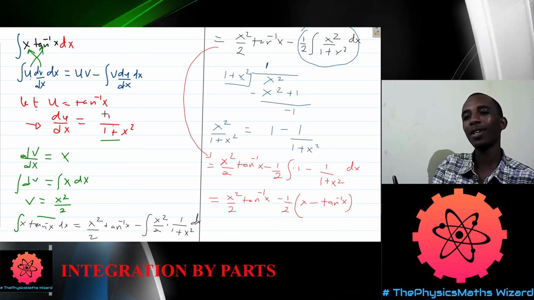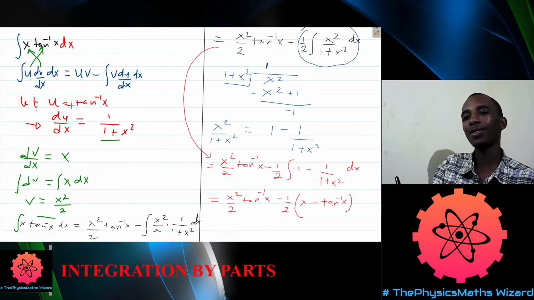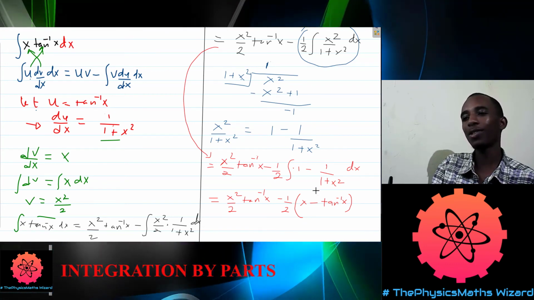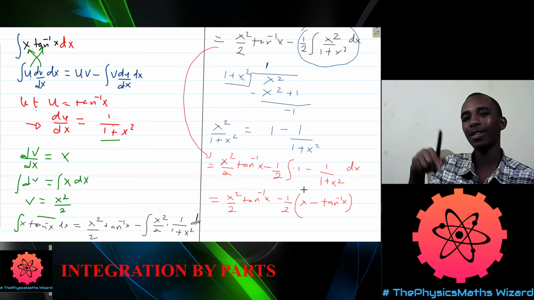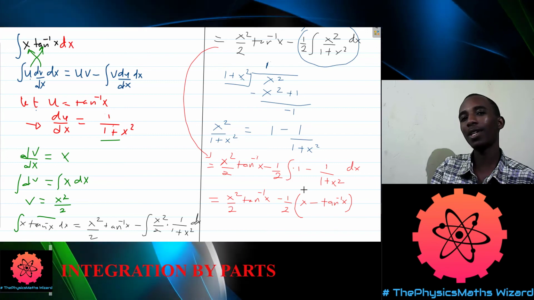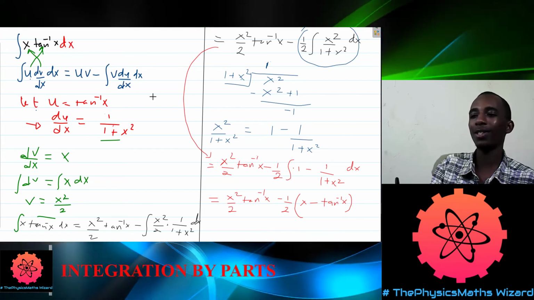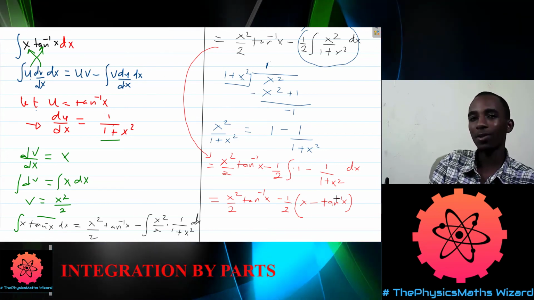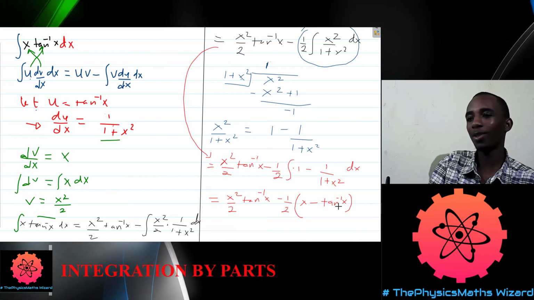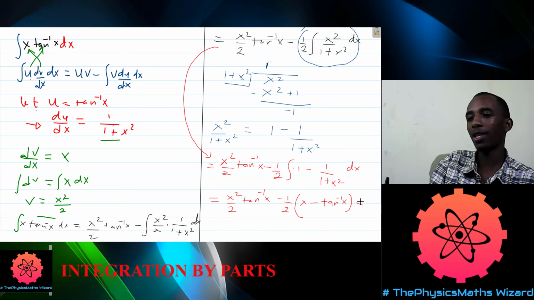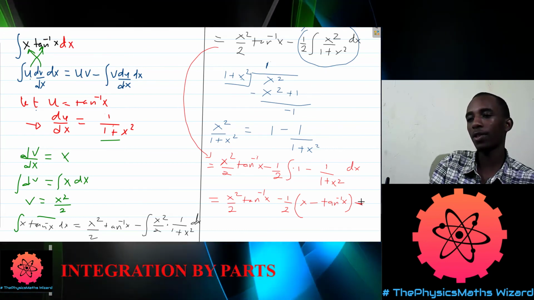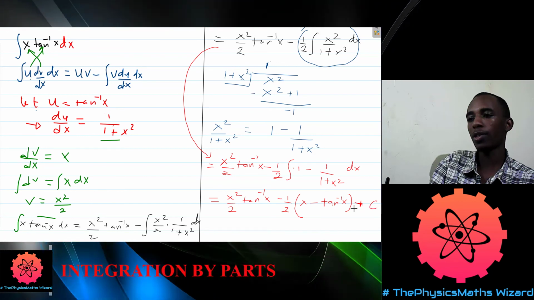So if I integrate this, I've got to get back arctan of x. Still, if you're not sure how this comes about, I'll leave a link in the description to another video where I talk about tan substitution in integration. Of course this is an indefinite integral, so I have to add an arbitrary constant here. So I'll just say plus c.